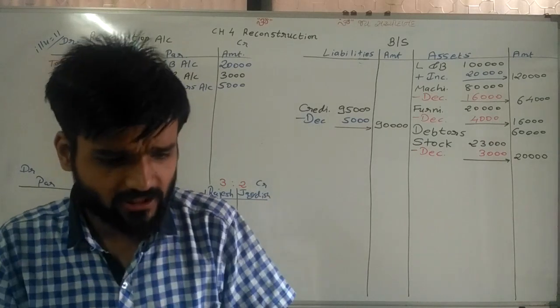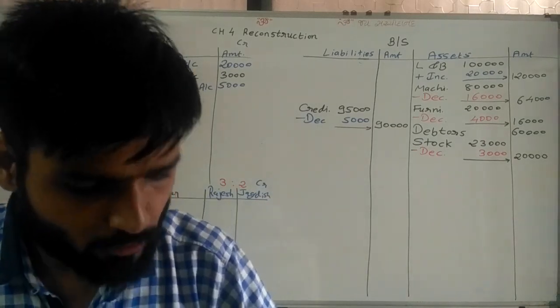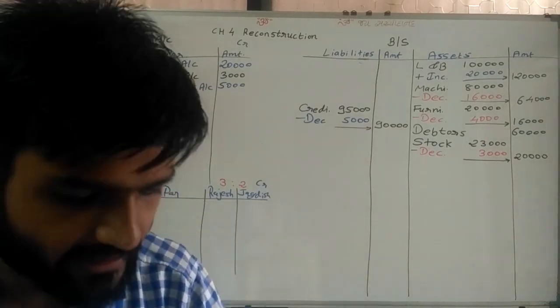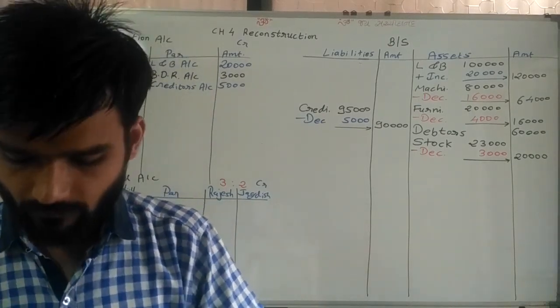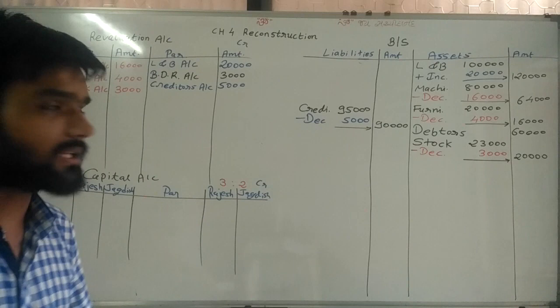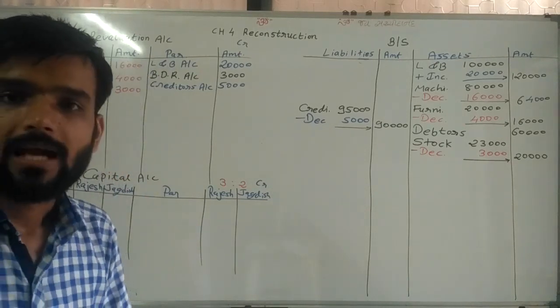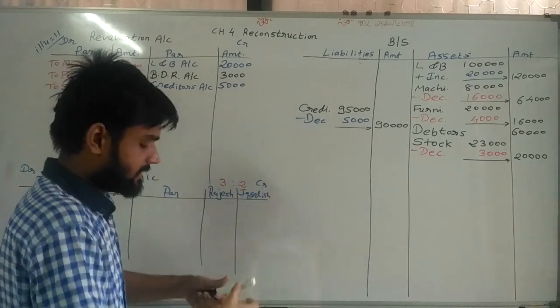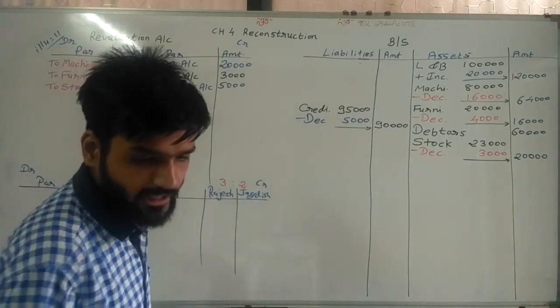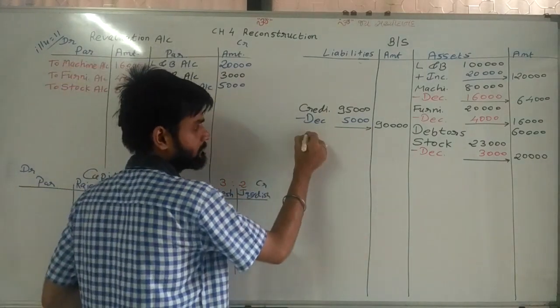Now, sir, next adjustment. Outstanding expense rupees 6,000 and income receivable 8,000. So, sir, these are the new things. Outstanding expense means we need to pay. Liability increases. So we are writing outstanding expense 6,000.